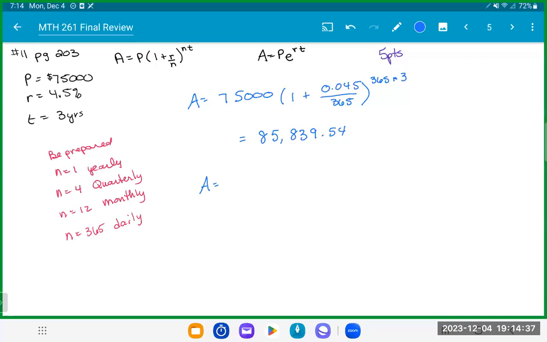And so in order to use that, we're going to use 75,000 times e raised to the 0.045 times the 3 years. Okay, and that's going to give us 85,840.26. Okay. Any questions so far?